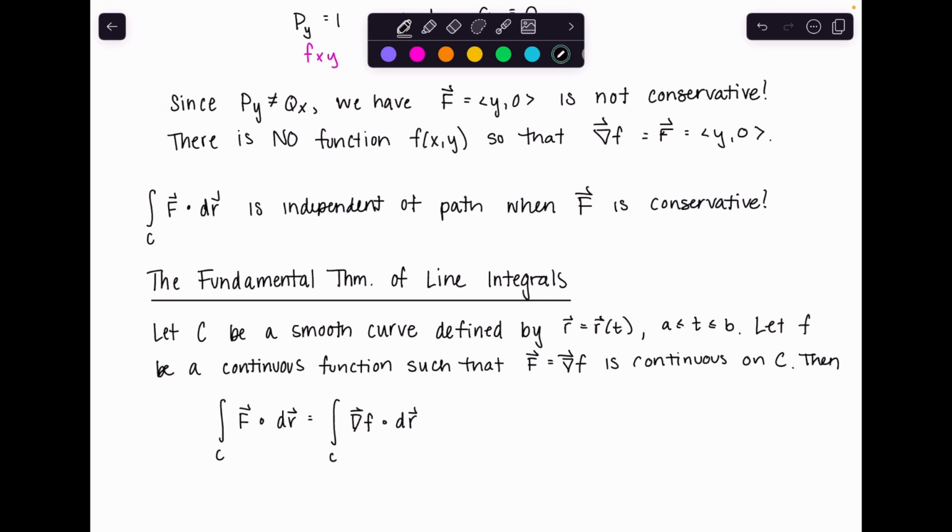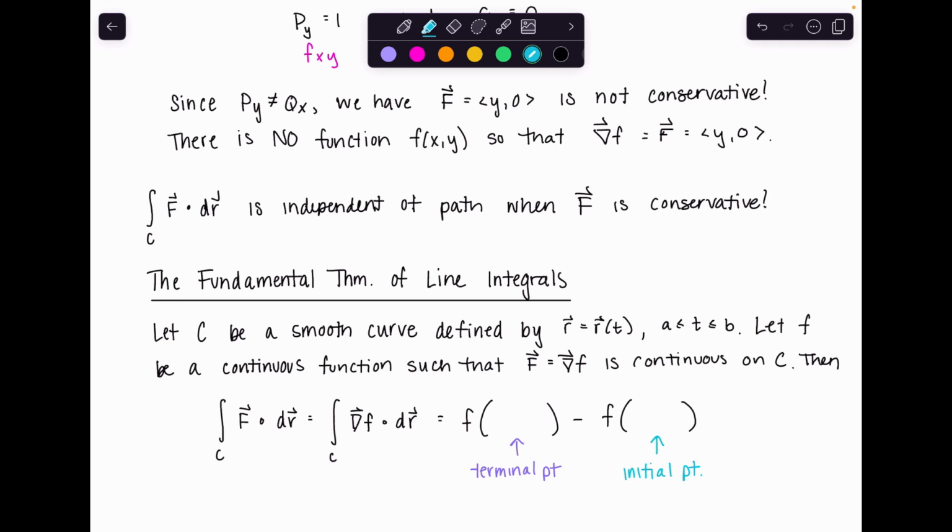Instead of parametrizing the curve, all we're going to do is find the potential function. We're going to evaluate this at the ending point and subtract the potential function at the initial point. Okay. So this will be the initial or the terminal point or ending, and this will be the initial point that we start at. The way you actually find that is by the curve, because it might not tell you starting here and ending here.